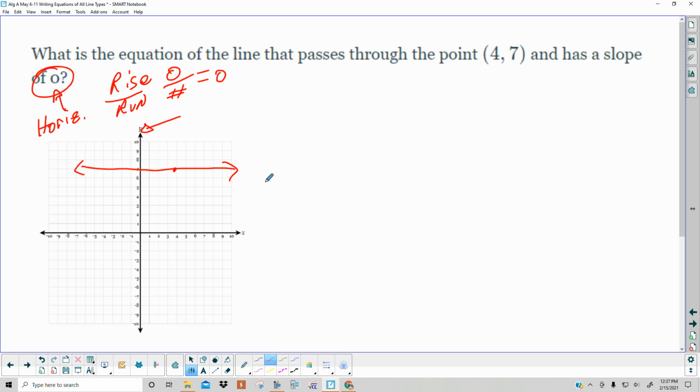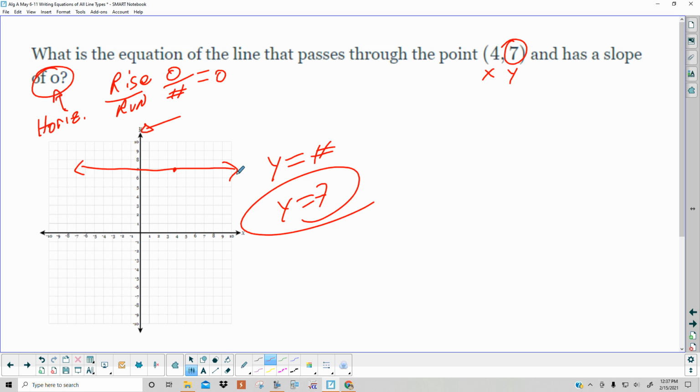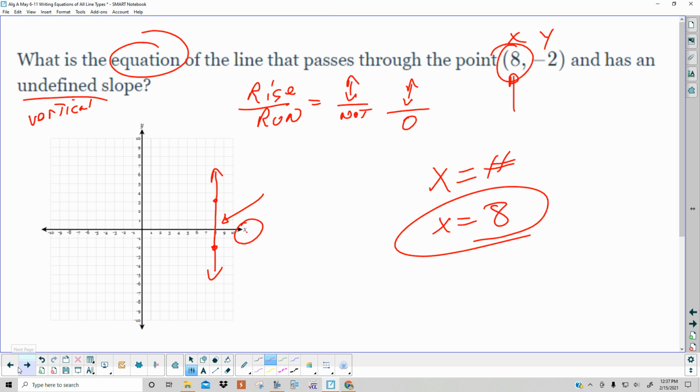It only crosses the y. So the equation of that line is y is equal to some number. It only has the letter for the axis it crosses. Well, what is the y value? So the equation for that line is y is equal to 7. There's no arithmetic, there's no algebra for this question or this one. It's really just a comprehension question. Do you understand it?